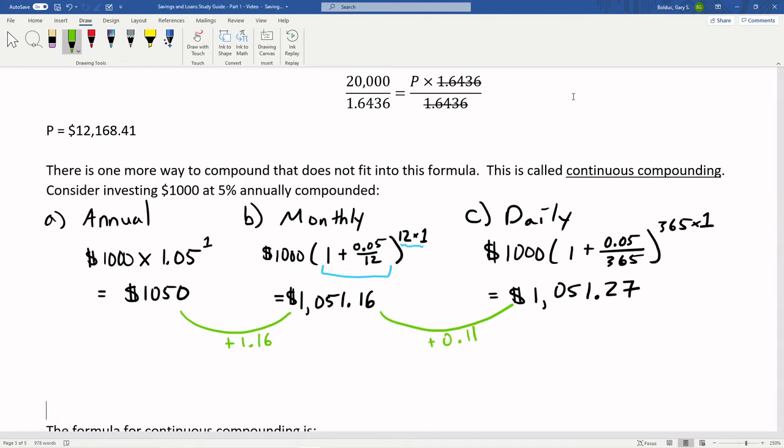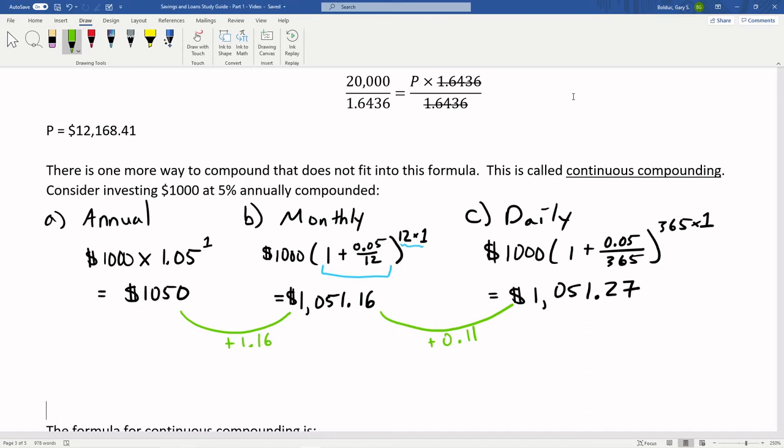So this extra compounding, the more I'm doing it, the more money I make, yes. But the amount extra I get each time I increase the compounding is slowing down. That's getting smaller. And because it's getting smaller each time, there is a limit to what can happen.